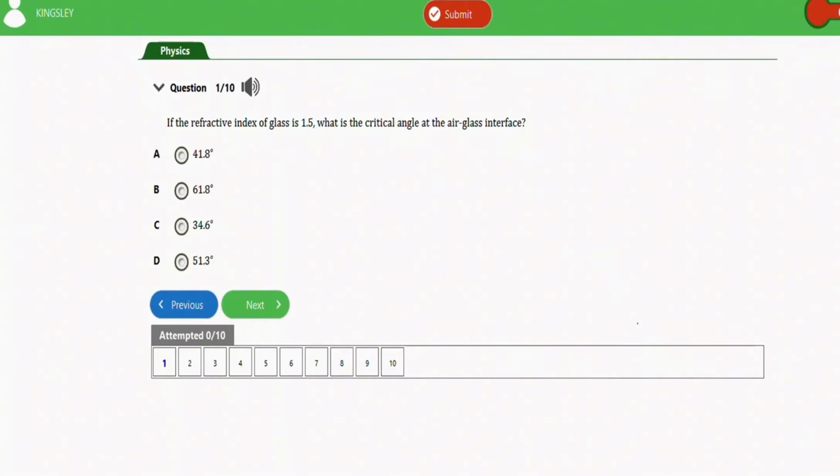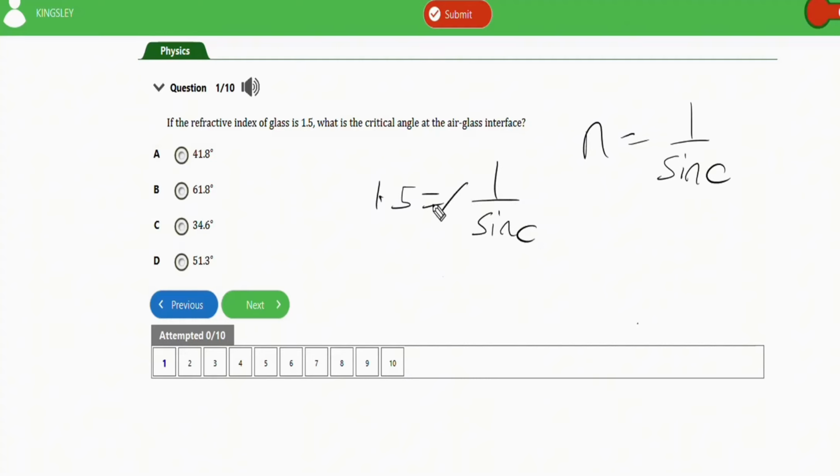For this question, all you need is a relationship between critical angle and refractive index. So we have the relationship, refractive index n equals 1 over sine C. In the question, we have the refractive index to be 1.5 equals 1 over sine C. When you cross multiply, we have sine C times 1.5 equals 1.